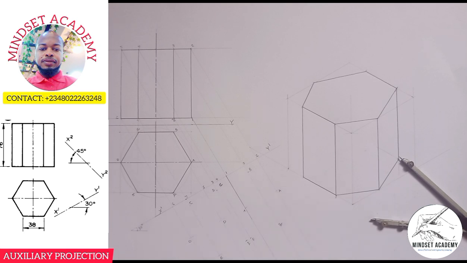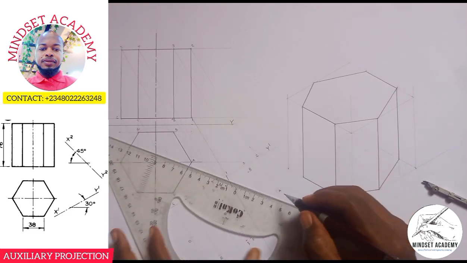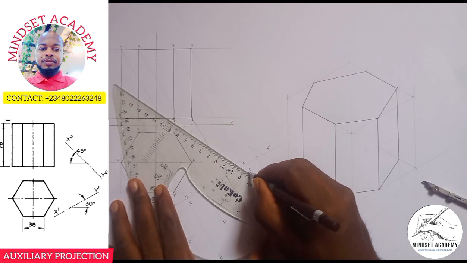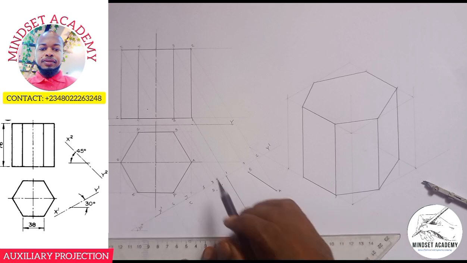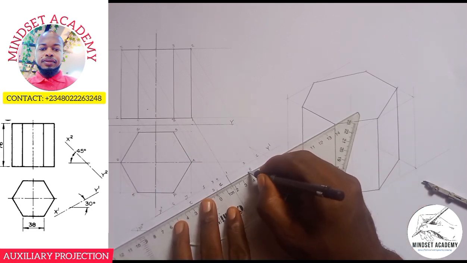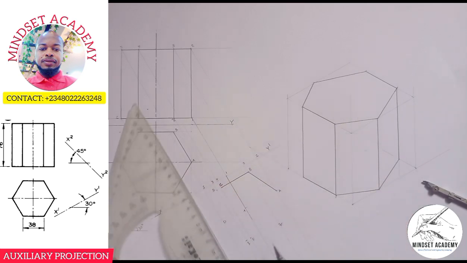So let's do that together. Just follow the trend. A, B, C. A is connected to B. I'll tick it in. A to B, right? And B to C, right?